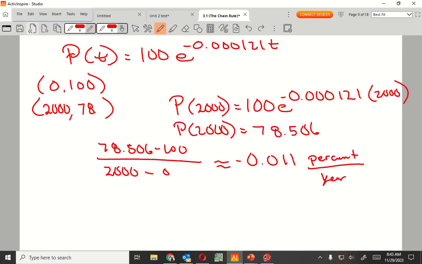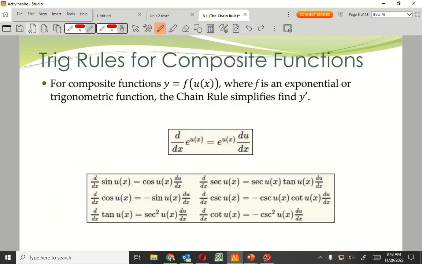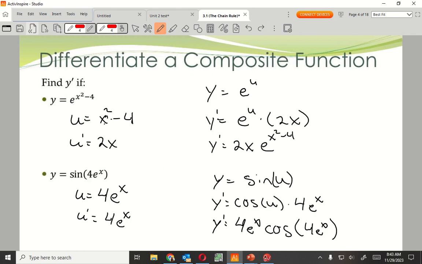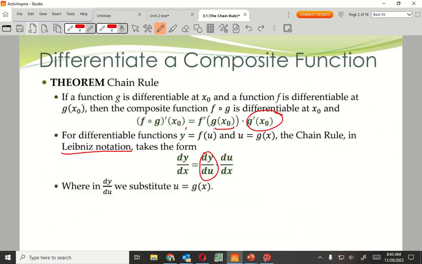Let me go back to Leibniz notation, which is here. The du dx swap places, doesn't it? Here it is, dy du, so the derivative of the outside times the derivative of the inside, du dx.